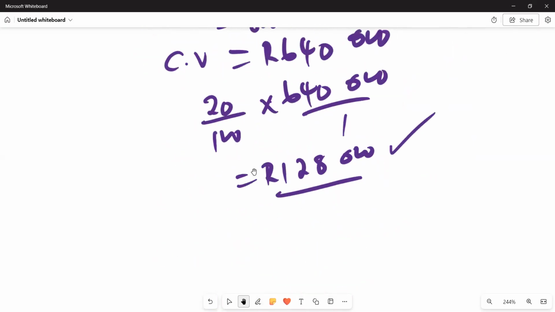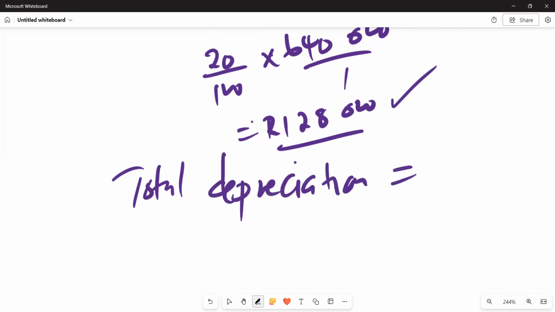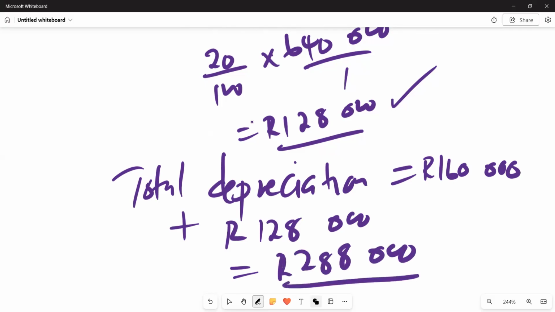So we are going to say total depreciation is equal to 160 plus 128, and you are going to get 288. This is depreciation over 2 years using the reducing balance method.